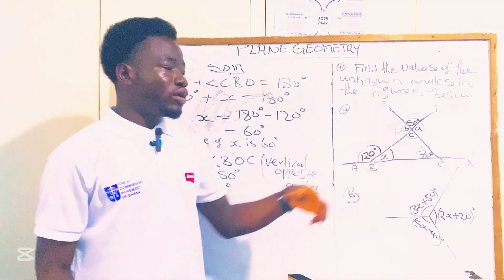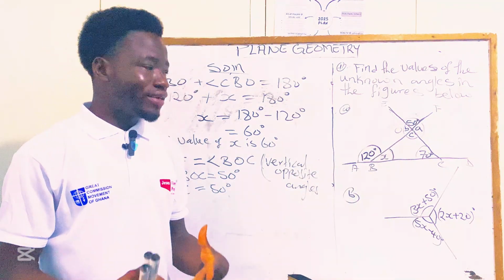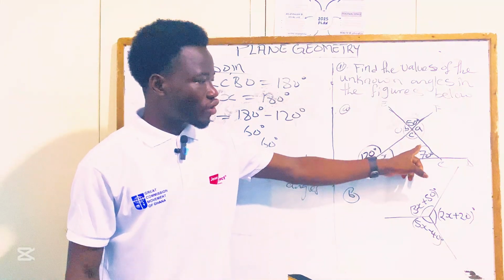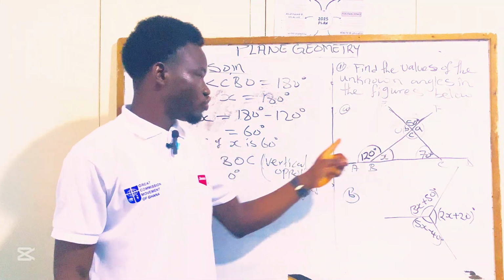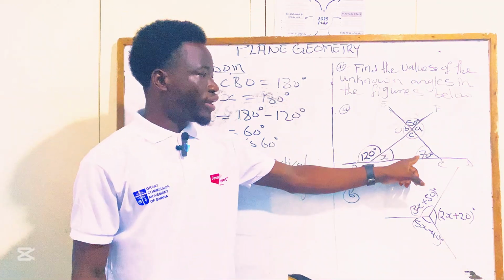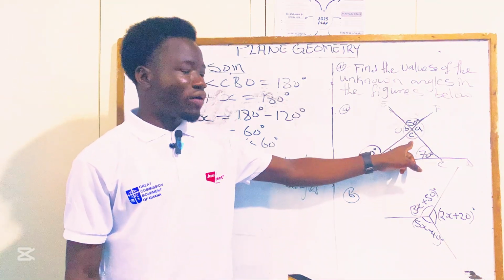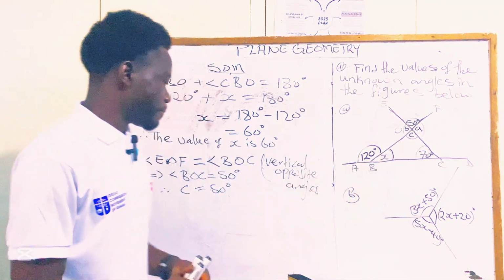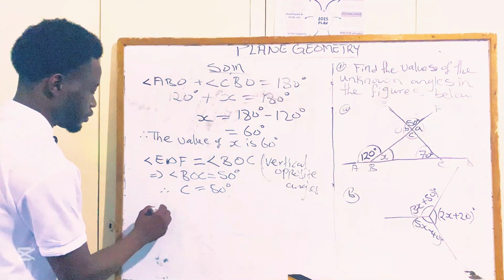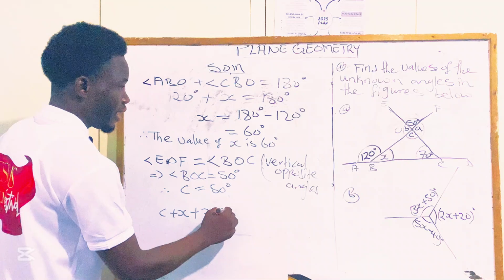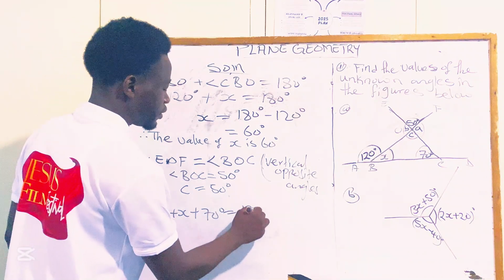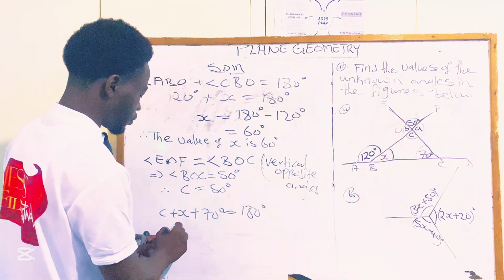The other way you can find C is that angles in a triangle sum up to 180 degrees. We know X now to be 60, and we know here too to be 70. We can find C by summing everything here. So C plus X plus 70 degrees is equal to 180 degrees.